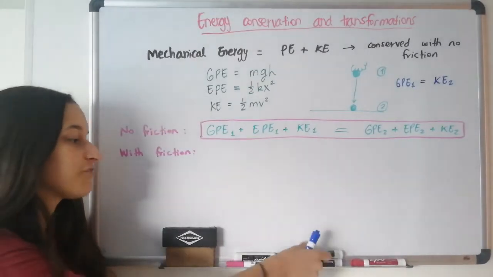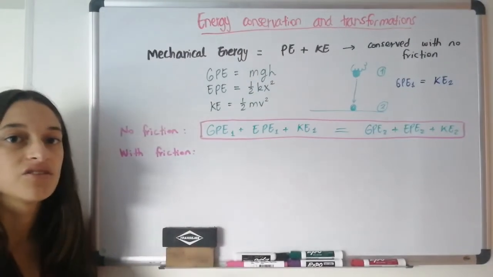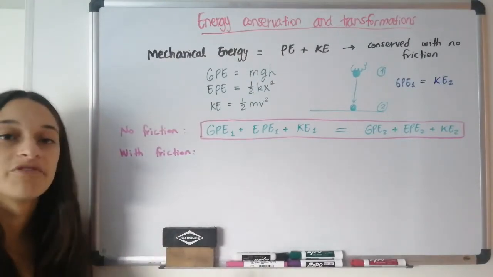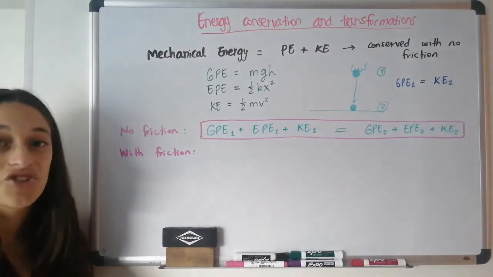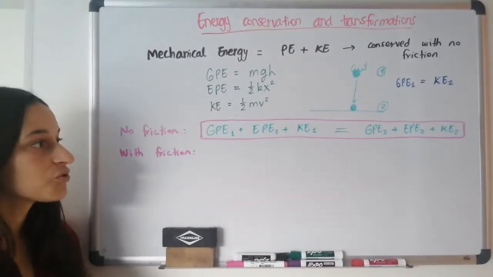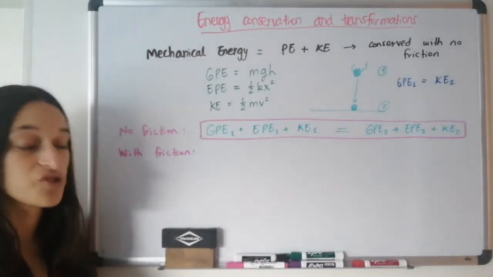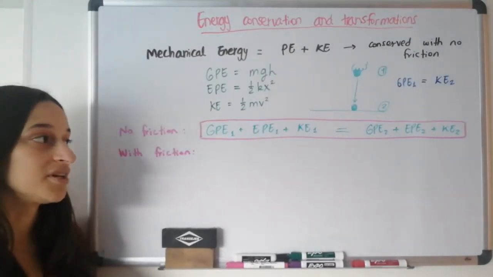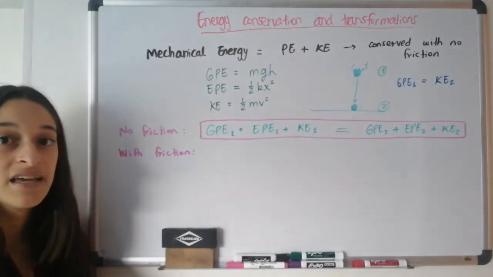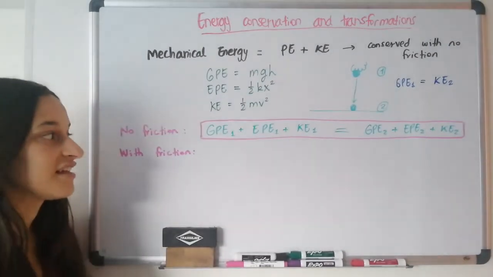So if there is a ramp with friction, the skater lost some of its energy and eventually he stopped. So this will not be true in that case because some of the energy will be lost. So we need to put another term inside that gives us the energy that's left.